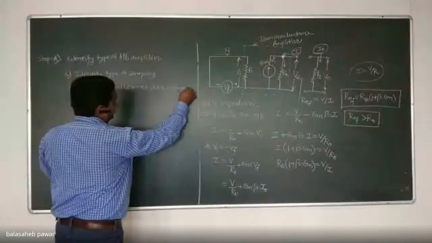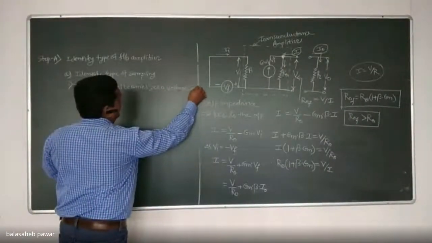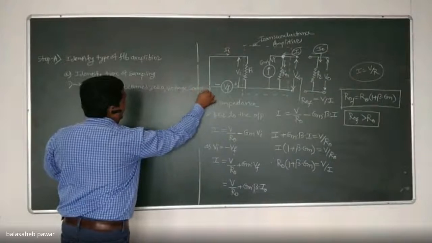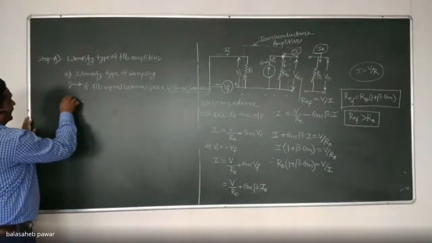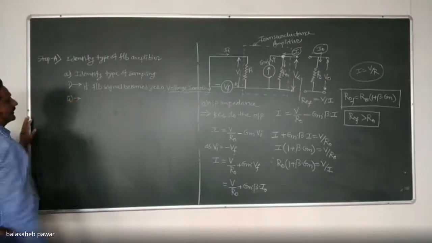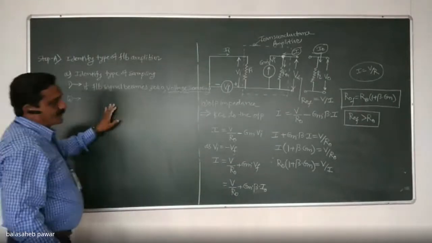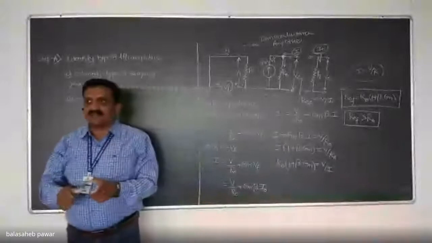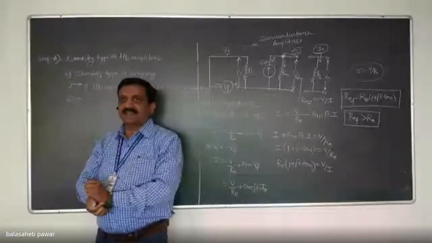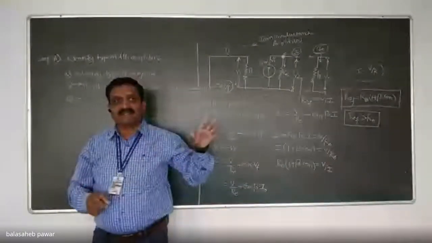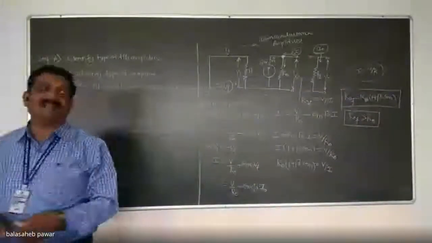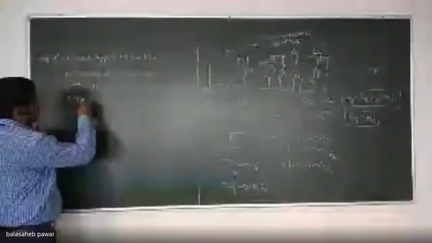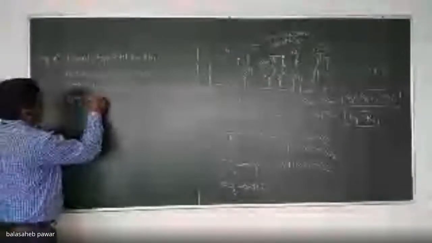And by making the output voltage zero, that means by providing the short circuit, if the feedback signal does not become zero, then it is current type of sampling.